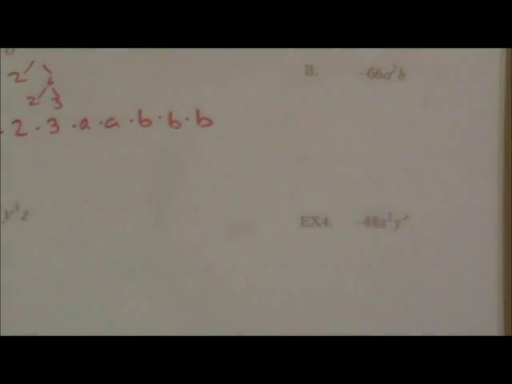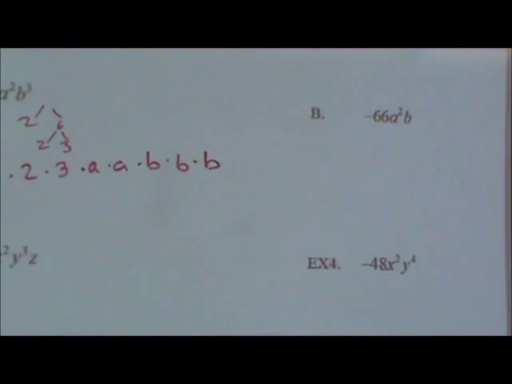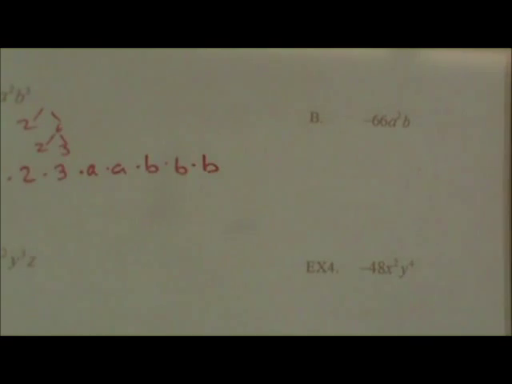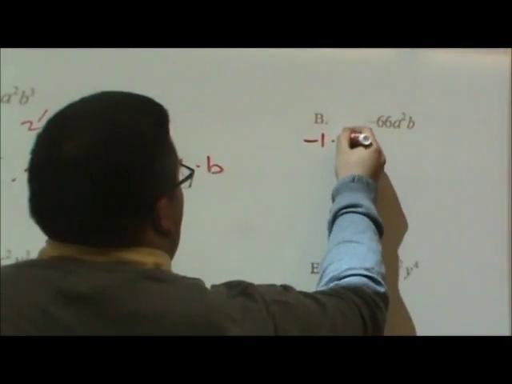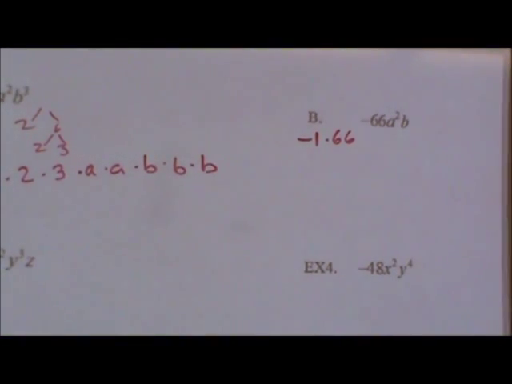Alright, so for letter B, we're going to do the same process. We're going to do the prime factorization of -66, and then we're going to rewrite our variables so that there are no exponents. So, -66 can't have the negative. Pull the -1 out, and 66. And then we have to do the prime factorization of 66.